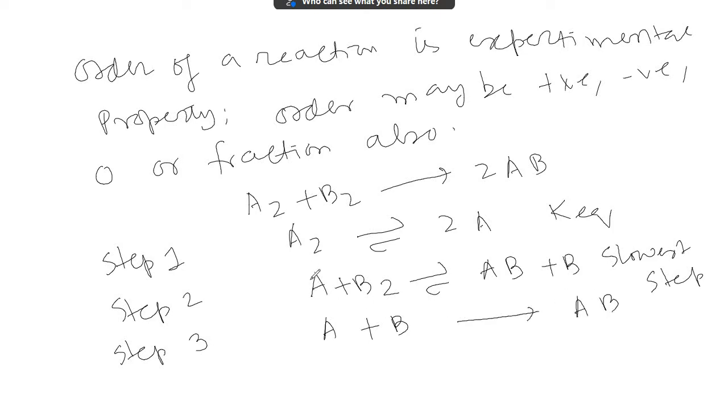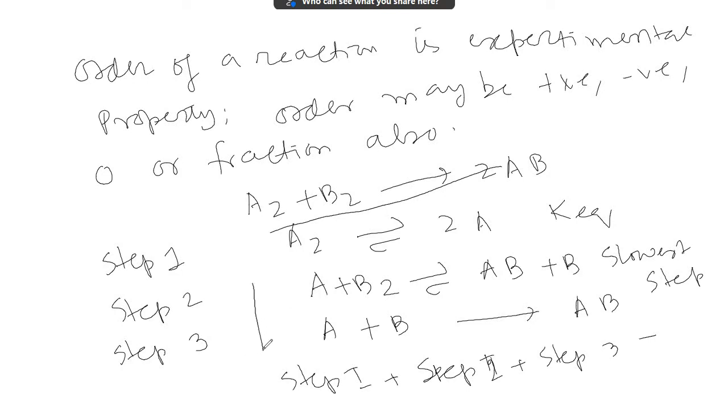If I add these 3 steps, step 1 plus step 2 plus step 3 gives the overall reaction, that is A2 plus B2 gives 2AB.